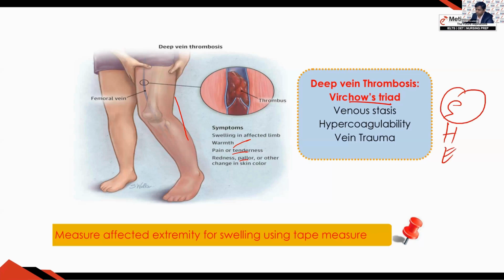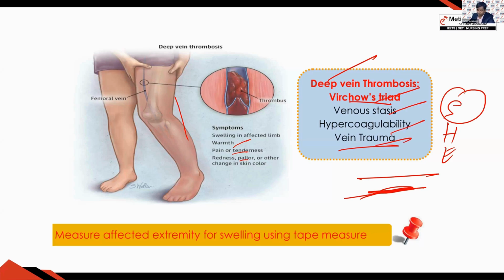Stasis of the blood, it becomes stagnant; hypercoagulability, there will be more coagulation; and endothelial injury, the inner layer of the blood vessels gets damaged. So in DVT, Virchow's triad: venous stasis, hypercoagulability, and vein trauma will be there.